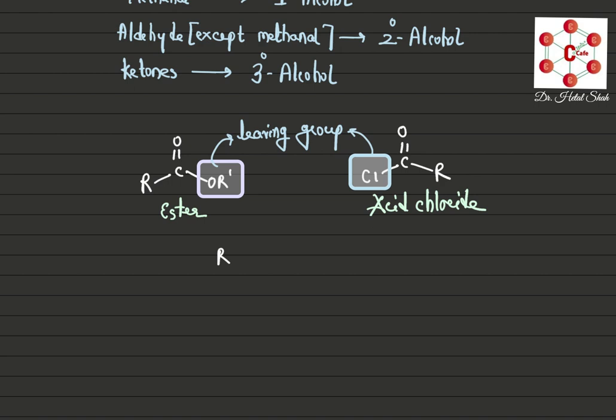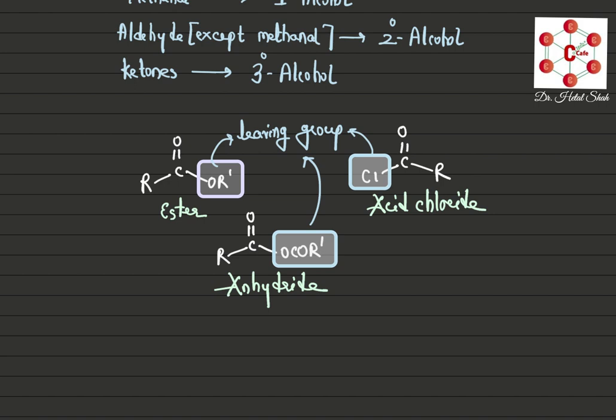Maybe this? Where instead of having OR dash, you have OCOR dash. That's an anhydride, and anhydrides also have a kind of leaving group. This is also the leaving group.